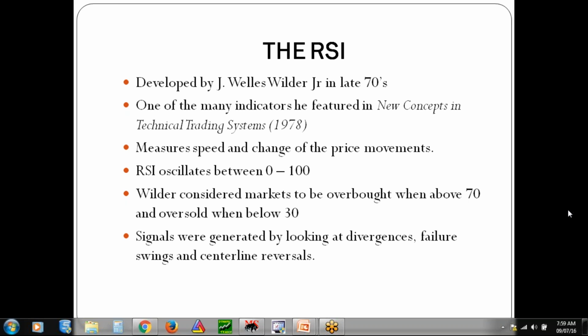No one in this world will tell you that divergence can be traded with a stop loss and a target. And I'll show you that when we trade with divergence, we have a target and a stop loss. Don't worry about it.